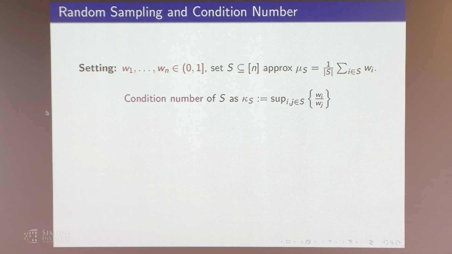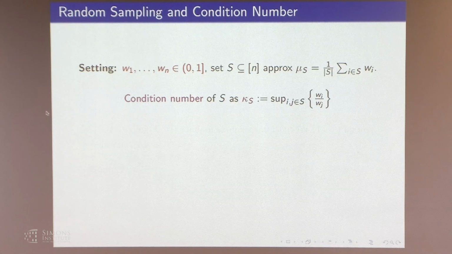Let's go back to the idea that you have a bunch of weights and you want to sum up their values. Earlier we said you can just sample one element and look at the average. Now, if these values are all in a small range, if the ratio of the maximum to the minimum value is small, then you don't need to sample that many to get a good idea of the average.